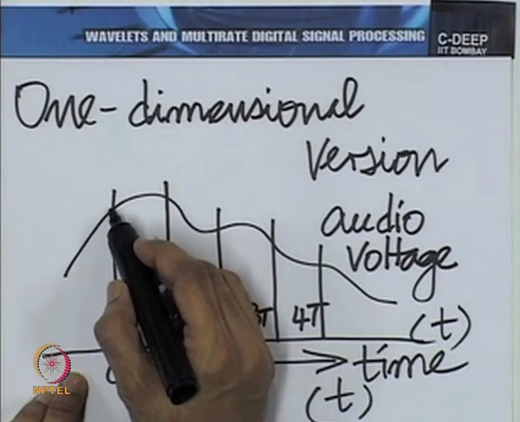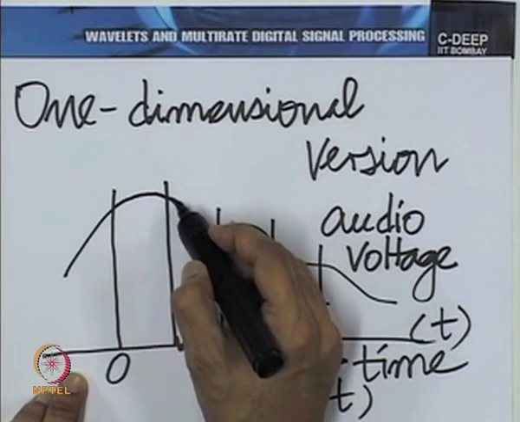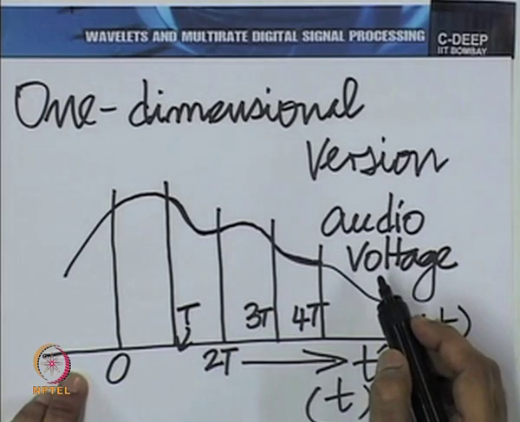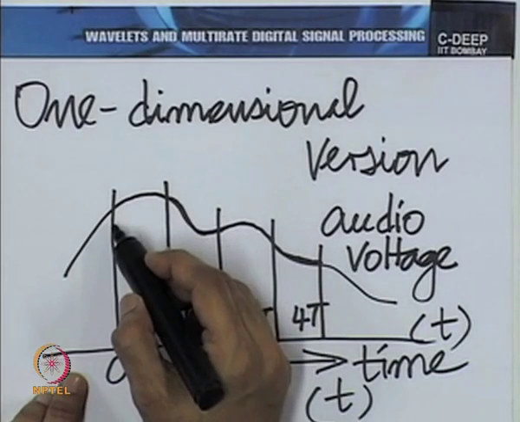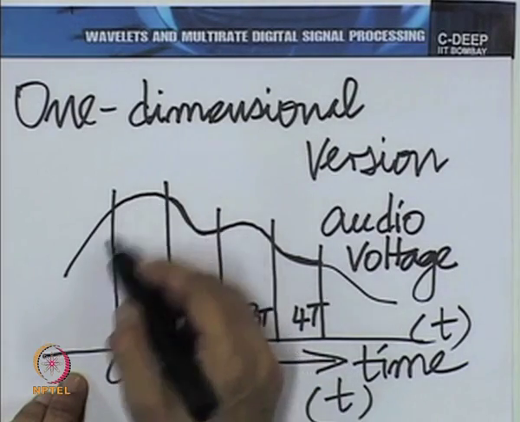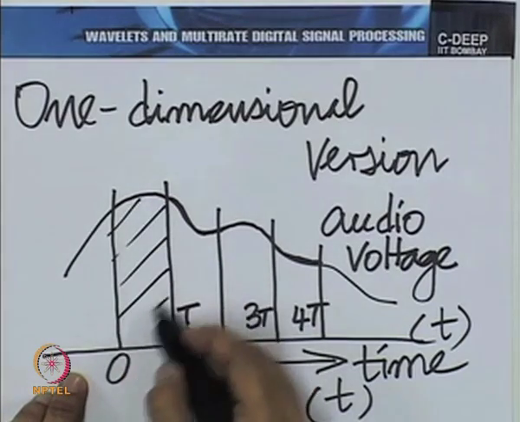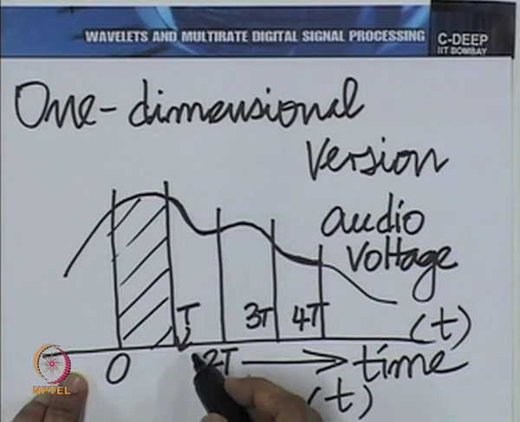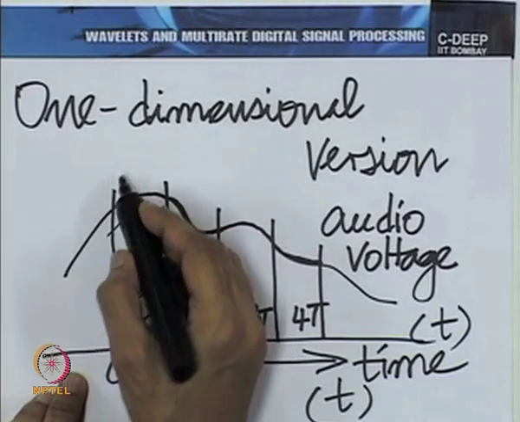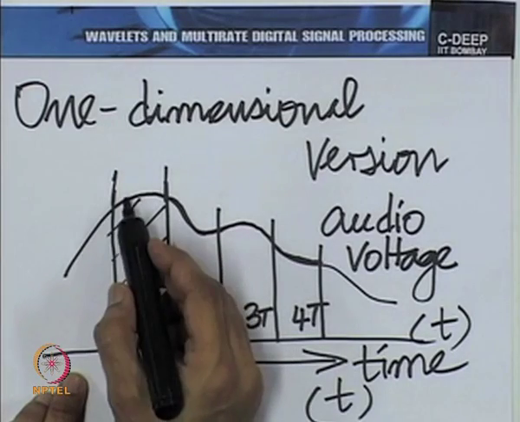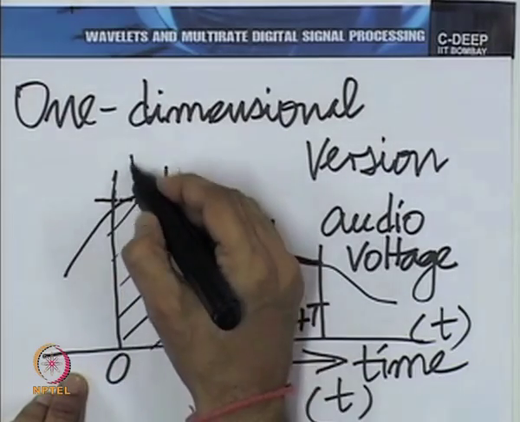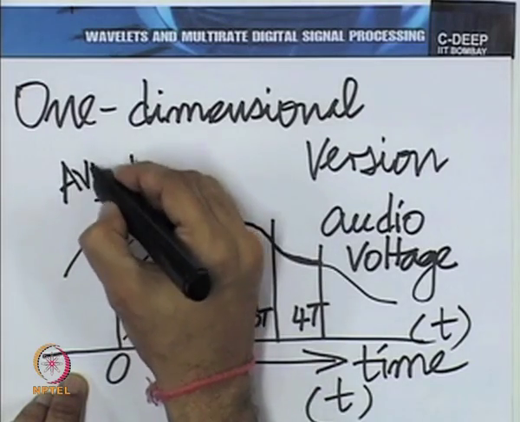Now, what is the most obvious number, or what are the set of most obvious numbers that one can use to represent this waveform in each of these time intervals? For example, in this time interval, or for that matter in any of the time intervals, it makes sense to take the area under the curve and divide by the time interval to get the average of the waveform in that time interval, and use that as the number to represent the function. So, here for example, you can visualize that the average will lie somewhere here. I am just showing it in dotted. So, average.